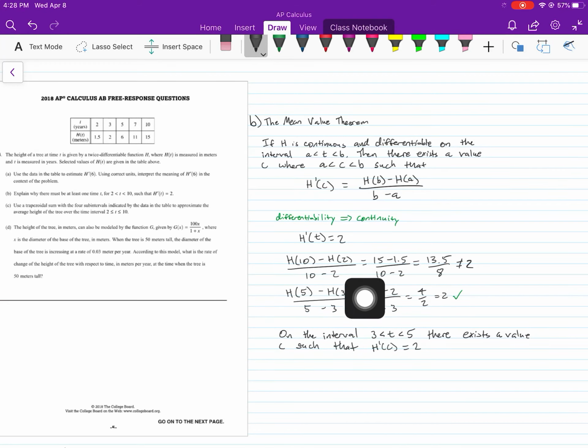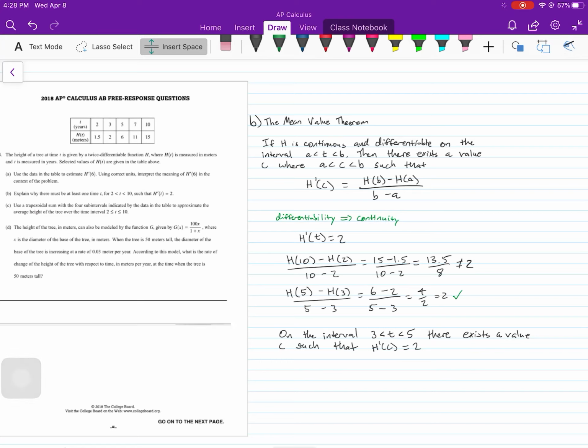And you would explain because it has to do with this right here. And this is enough explanation. You probably should bring up that it's continuous and differentiable in this explanation. So you should say, because h is continuous and differentiable on the interval from 3 to 5, there exists a value c such that h prime of c equals 2. So that should be added in there.